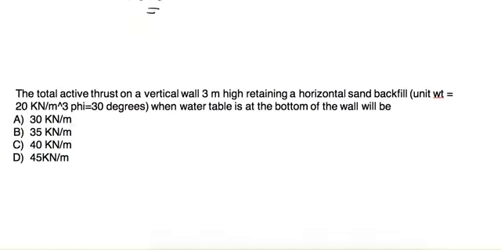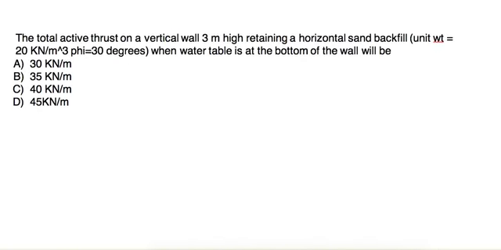Let's see the next question, that is: a total active earth thrust on a vertical wall 3 meter high retaining a horizontal sand backfill, unit weight gamma equal to 20 kilonewton per meter cube and phi equal to 30 degrees, when the water table is at the bottom of the wall. So we need to find the total active thrust, that is Fa.